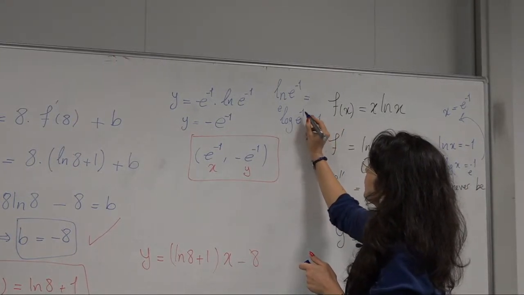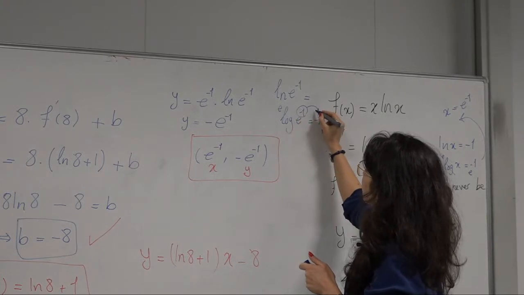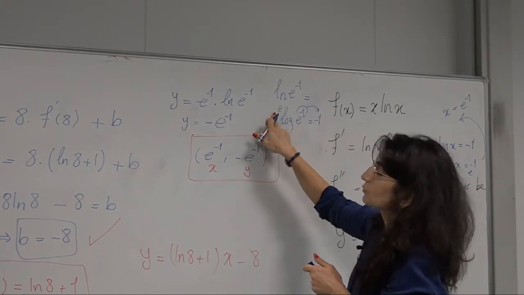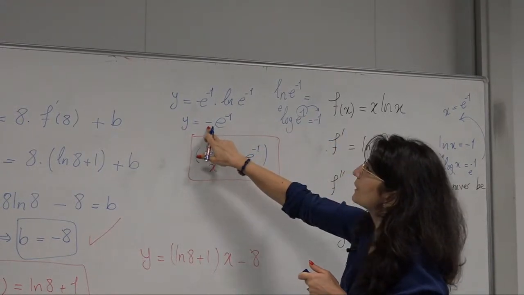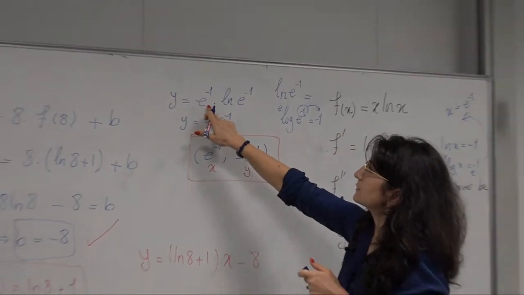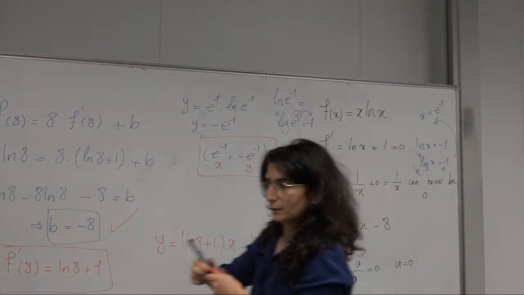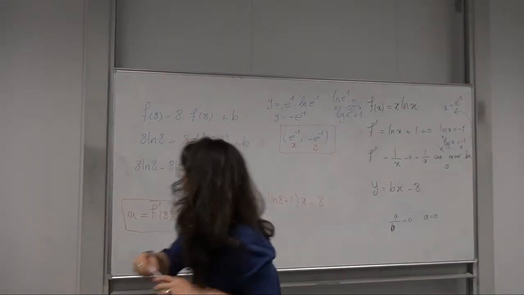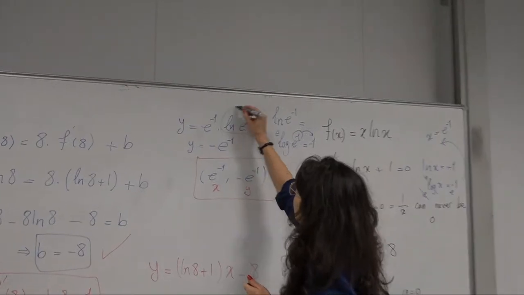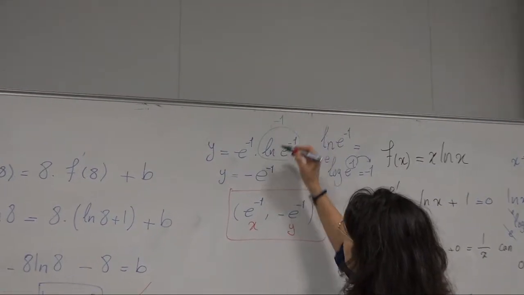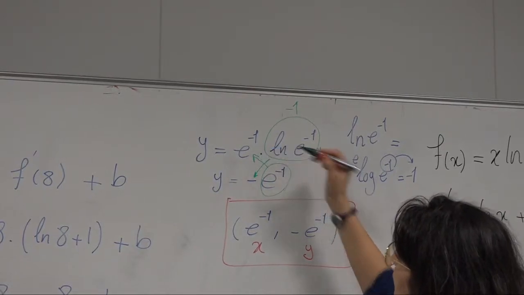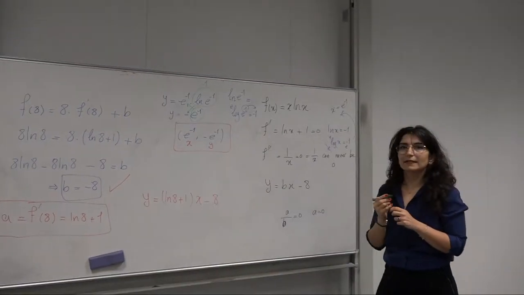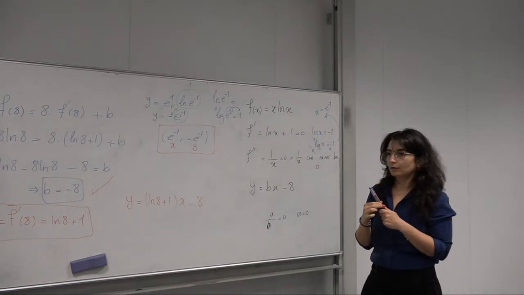Minus 1, right? Because the power comes out if the base and the argument are the same. This is how I have a minus 1 here, and this one is this. So the minus came here, and this one is this one. Is it clear now? I think it should be.